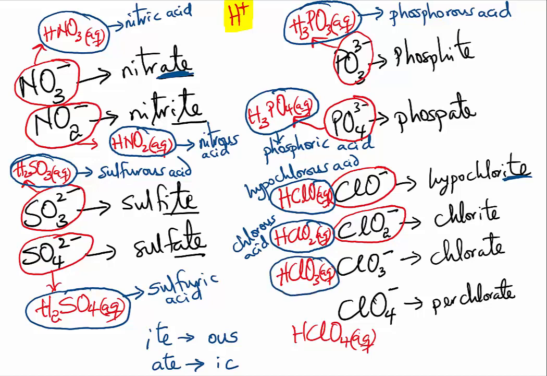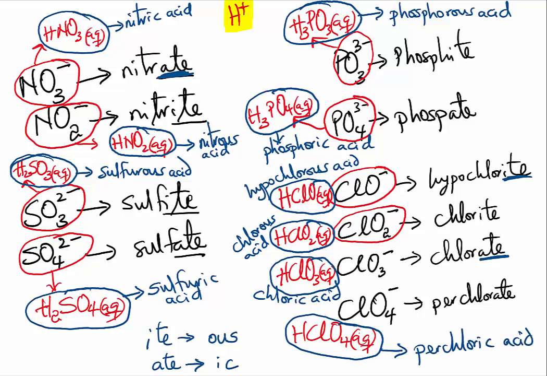HClO3, because it is generated from chlorate, should become chloric acid, while HClO4 should become perchloric acid. That is how to name acids.